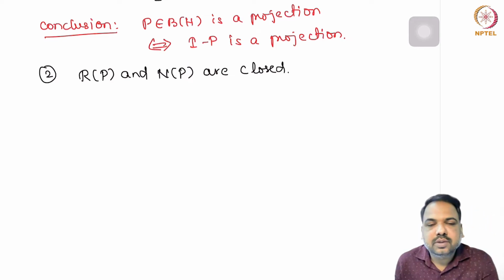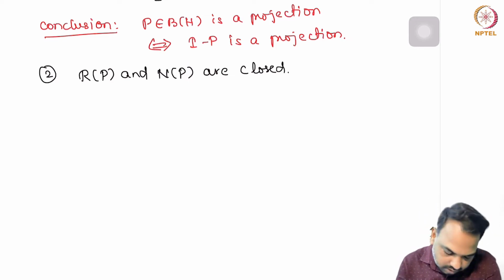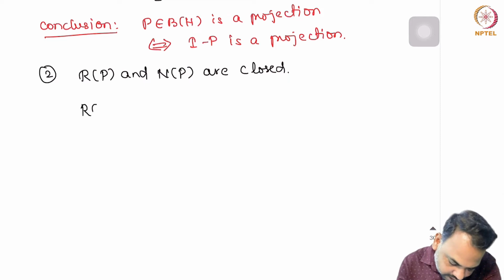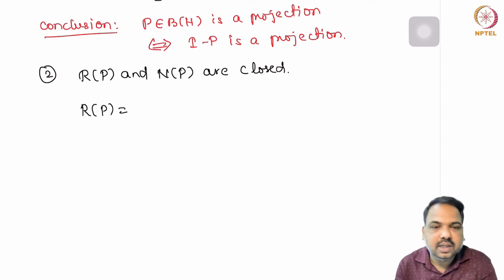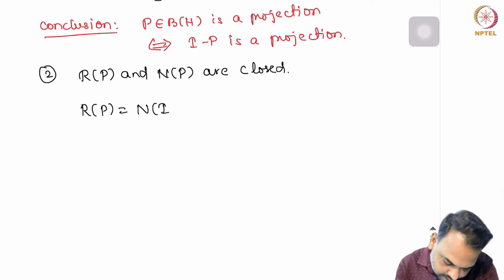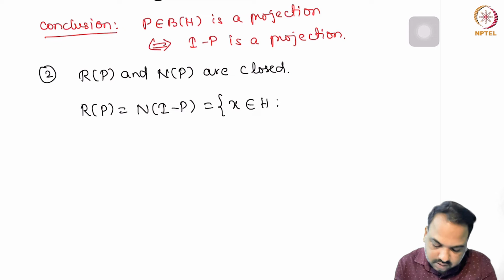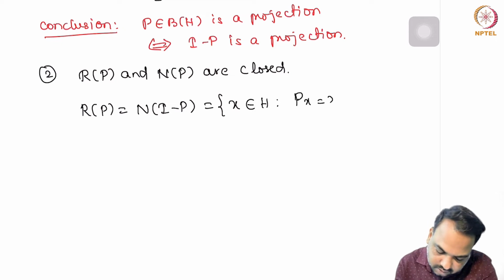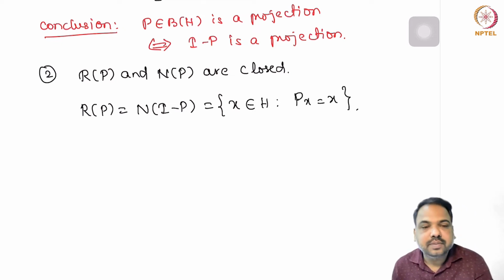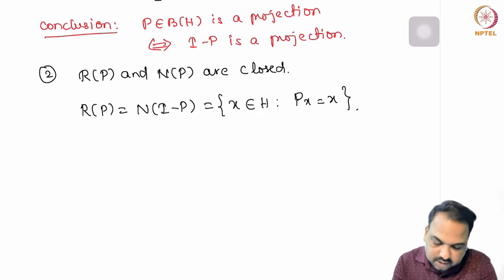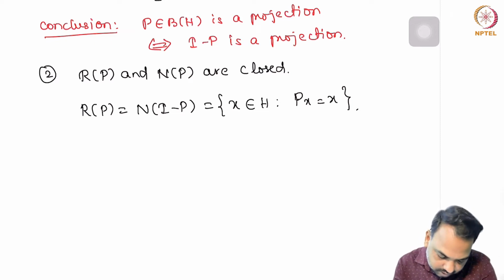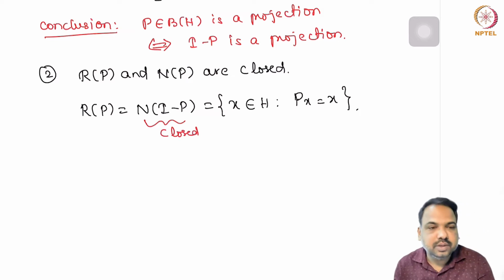Null space is closed because P is a bounded operator, but range of P we can write as null space of I minus P. So this is the set of all x such that (I minus P)x is 0, that is Px equals x. So this is trivial. Since I minus P is an idempotent or projection, this is closed, hence range of P is closed.